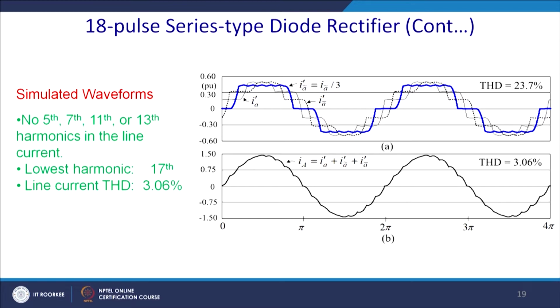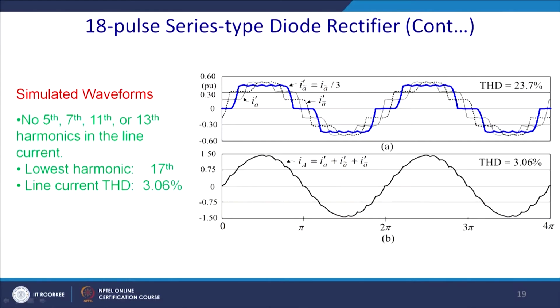If you superimpose these 3 currents, ultimately we get the current available in the primary. The THD of the individual current may be as high as 23%, but when it is reflected to the primary side, the value comes to be less than 3%.